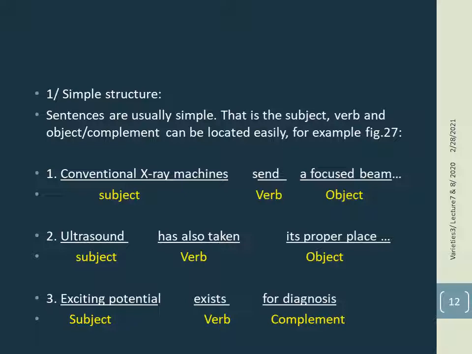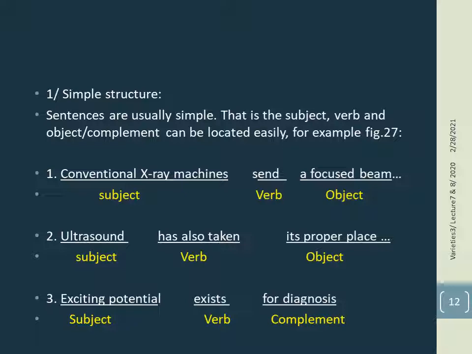For example, in Figure 27, conventional X-ray machines send a focused beam. Now, this is a perfect sentence that contains all the components of a simple sentence. All right, subject, verb, and object. Ultrasound has also taken its proper place.